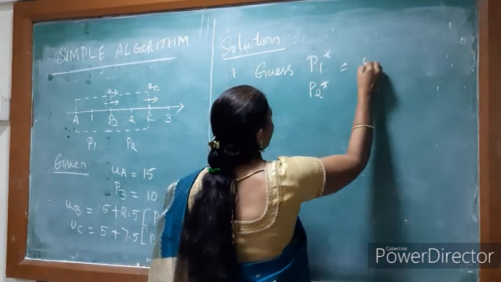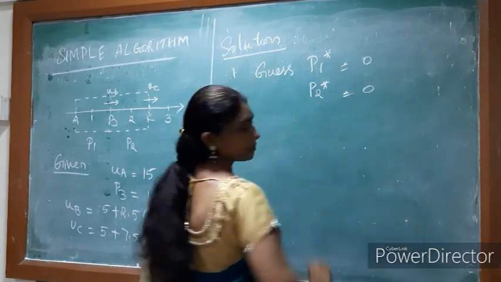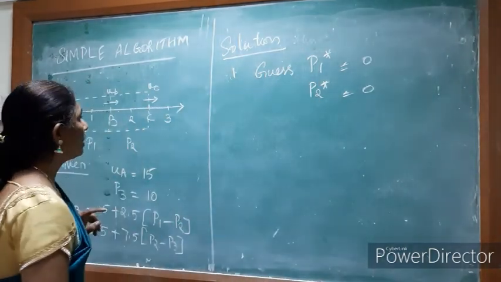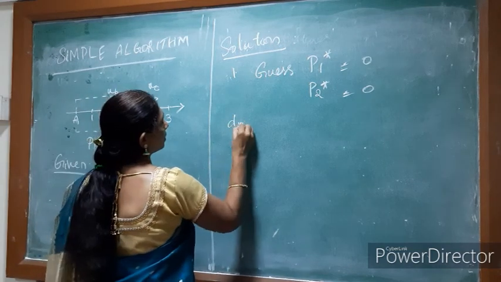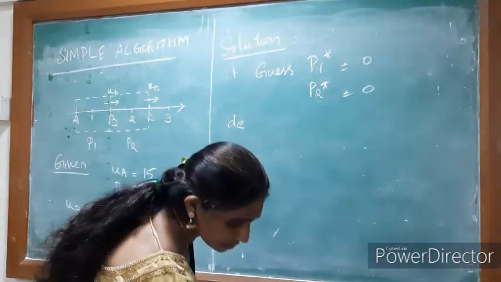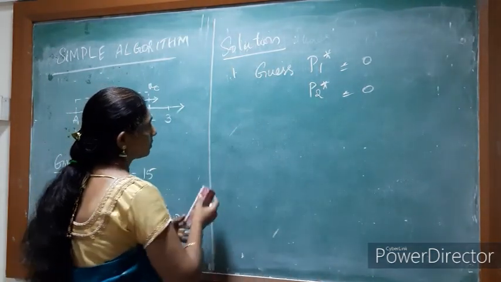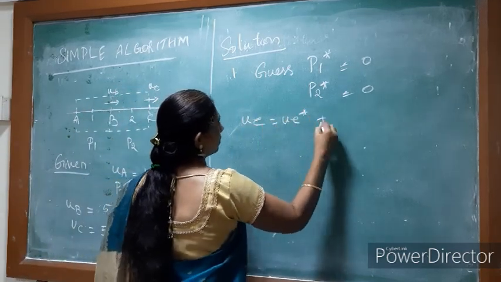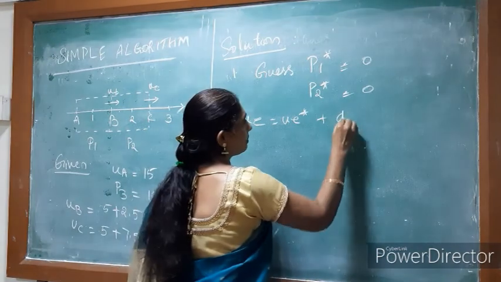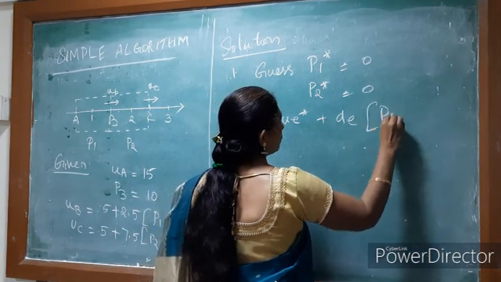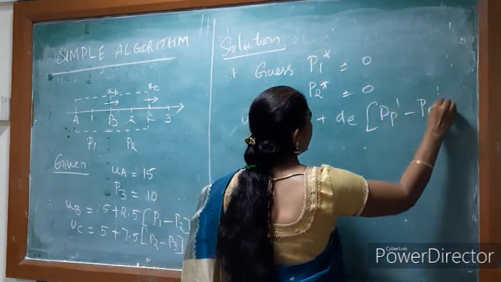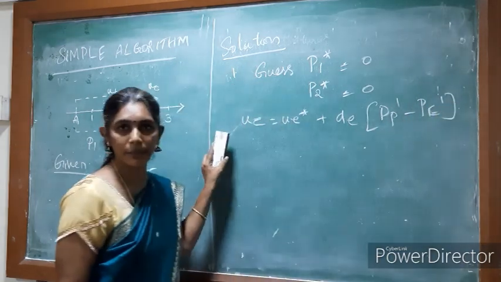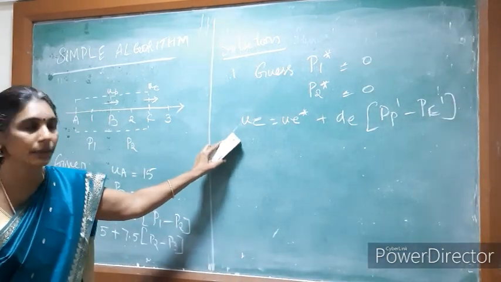Initially I am taking it as 0, right? Now, UE equals UE star plus DE into PP star minus PE star. So this is what we have learned from our previous lecture, and this is supposed to be remembered.